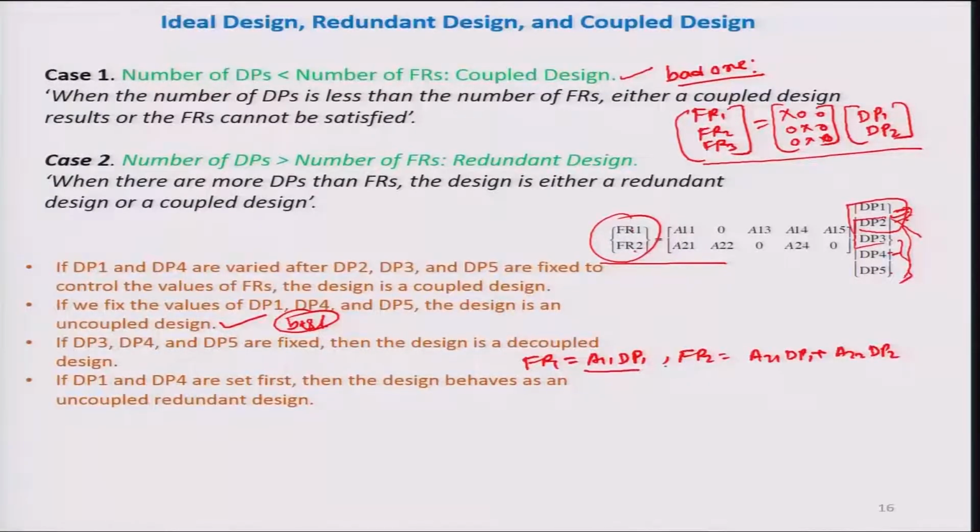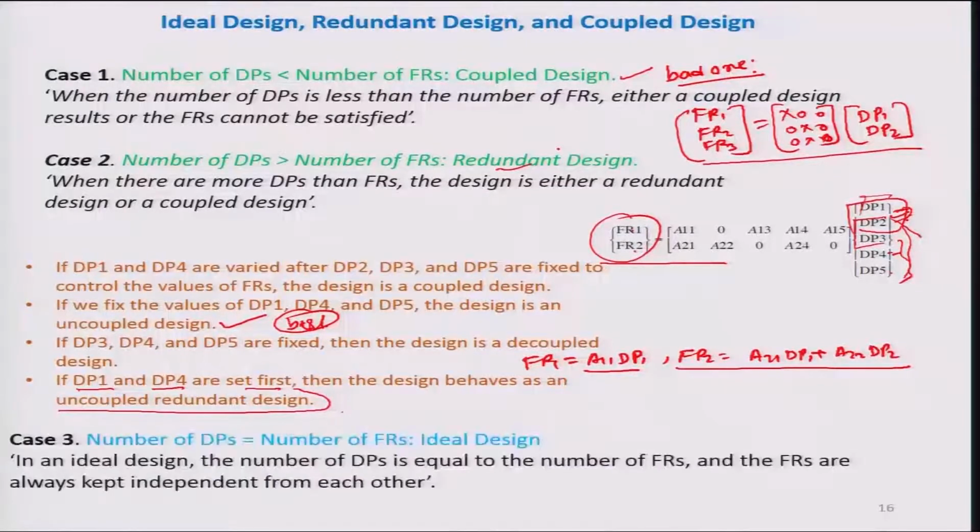So here you can see that this is the case of decoupled design. In the last one, if dp1 and dp4 are set first, then the design behaves as an uncoupled redundant design. In this case you are not neglecting anyone, you are considering all the things, but you are setting dp1 and dp4 before the other parameters. So it is uncoupled, but still it is a redundant design.